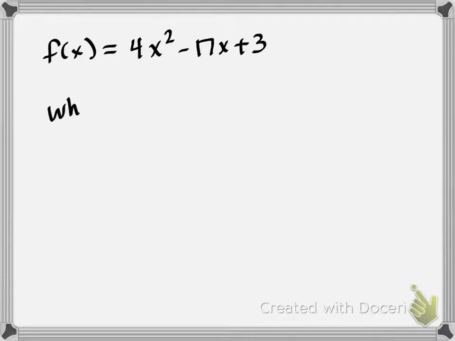There are some other problems that look like this. They'll say f of x equals, and this comes straight from the con practice, just so you know, 4x squared minus 17x plus 3. And it asks you two questions. What is the value of the discriminant?